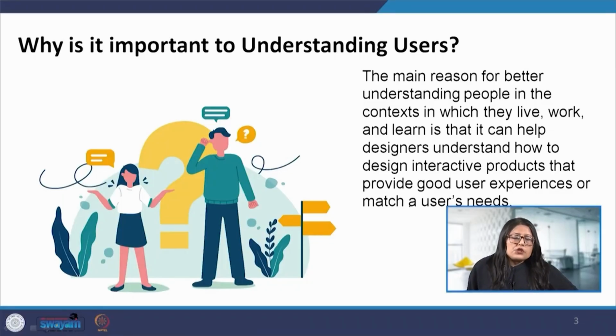So, people come in all different shapes and sizes, they have different behaviors, different tendencies, preferences. So, there are n number of permutations and combinations when it comes to users. But it is a challenging and satisfying job for the designer to cater to the needs of all these users.